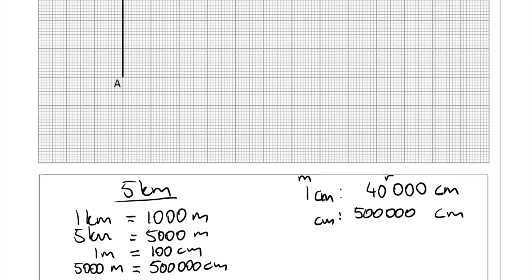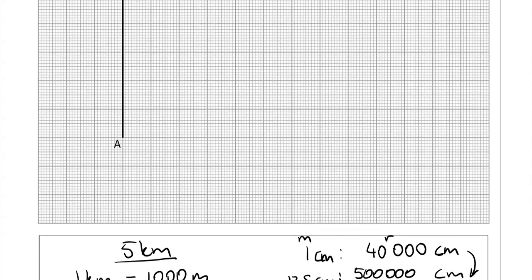So how many centimeters will that be shown in the graph? What do we do to 40,000 to get 500,000? So 500,000 divided by 40,000 gives us 12.5 centimeters.